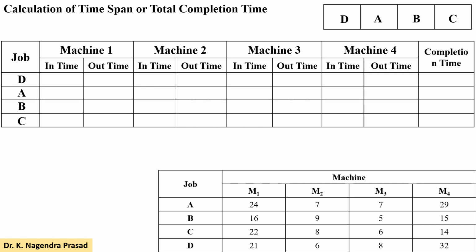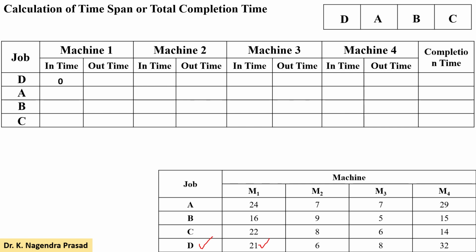So first, job D has to be passed to machine 1. So it is the first job on the first machine. So in time is 0 and out time is in time plus processing time. So in time is 0 and processing time is 21.